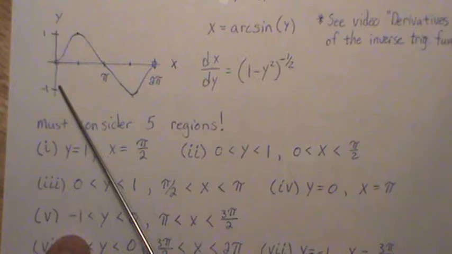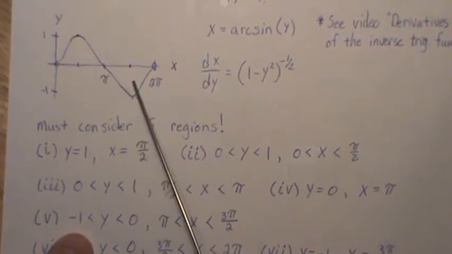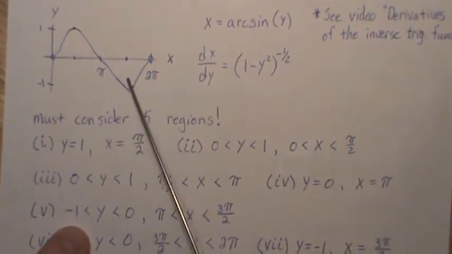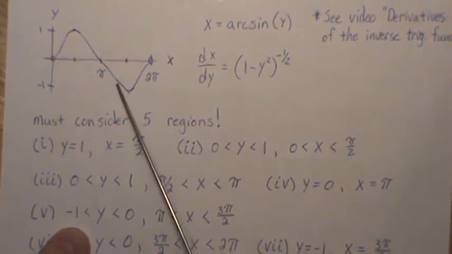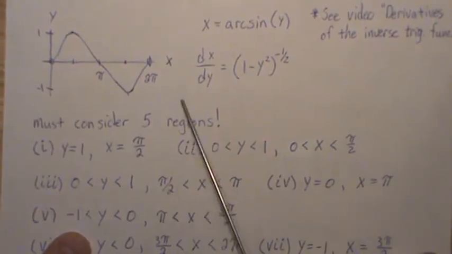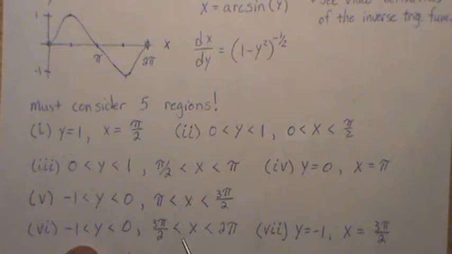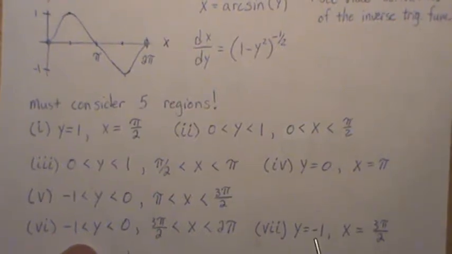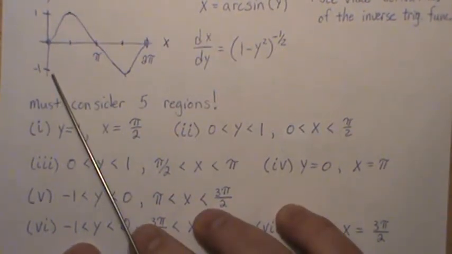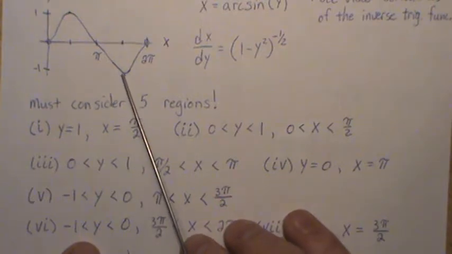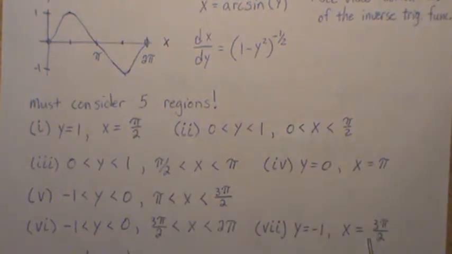Between -1 and 0, it's going to touch it twice. It's not one-to-one, so we have to break it into this region, and then this region, which is this. And then the last one is when y equals -1. It touches it once, and so it's this point.